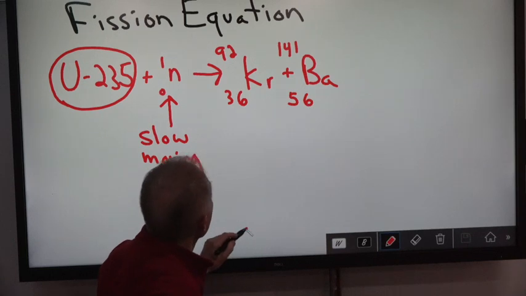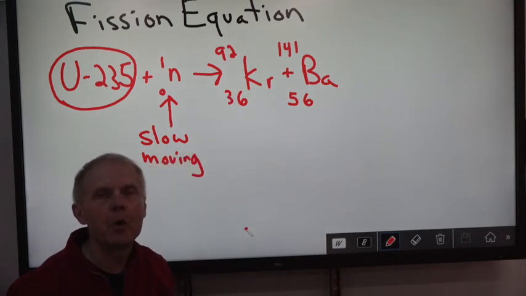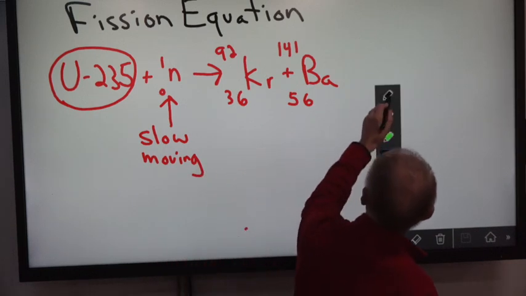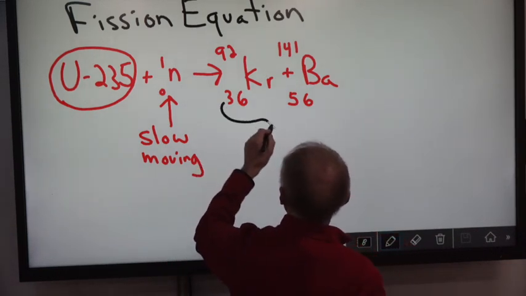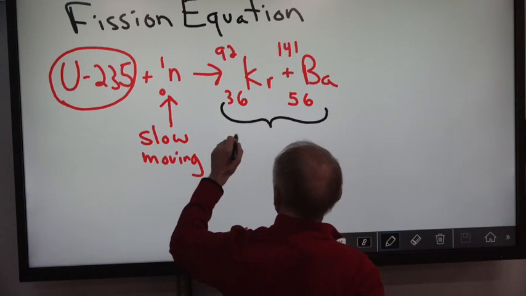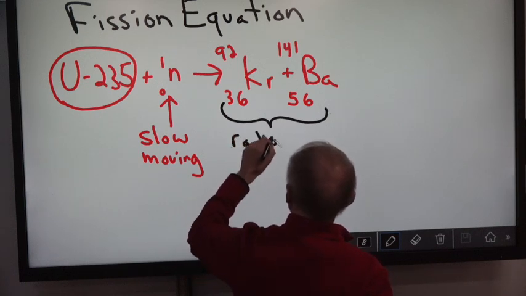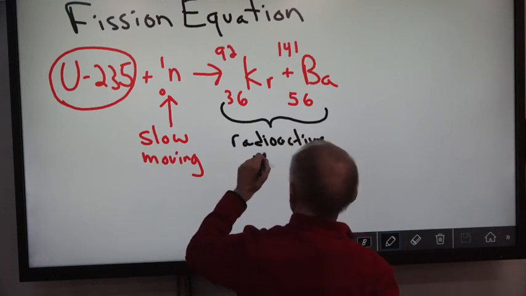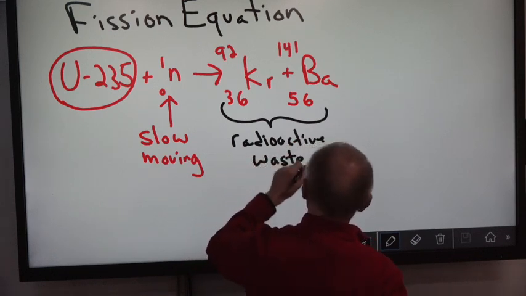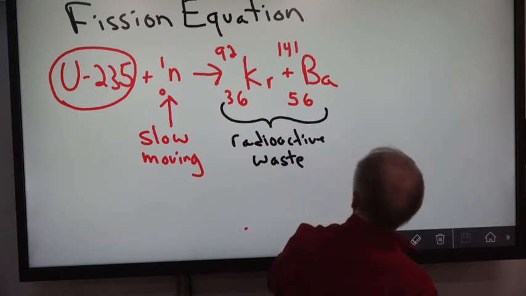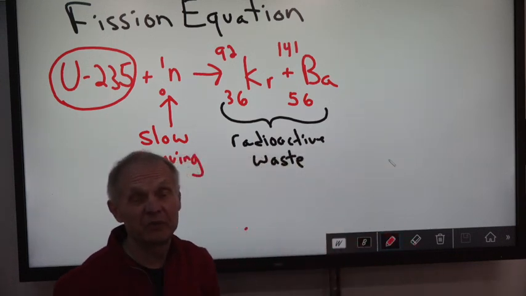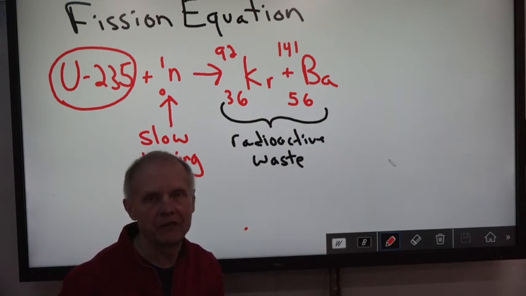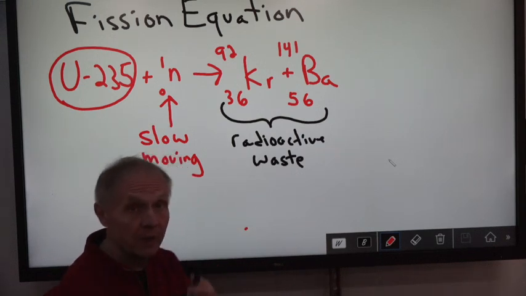All right, so these are called radioactive waste products. We're really not interested in those for anything, but it's waste and it's radioactive, so we have to be very careful with it.